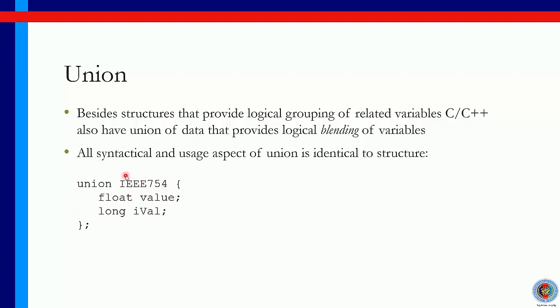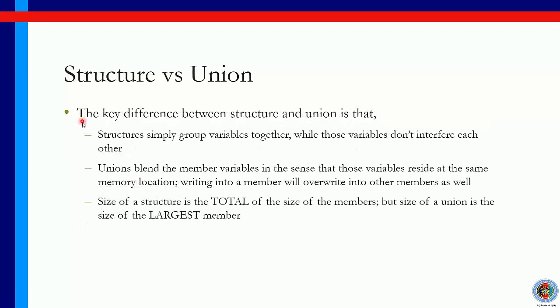How you read and write to the members is the same as the way we did for structure. The key difference between structure and union is that a structure simply groups variables together. This means the variables don't interfere with each other. However, unions blend the variable members in the sense that those variables reside at the same memory location, which means writing into a member will override the other members as well because they are in the same place.